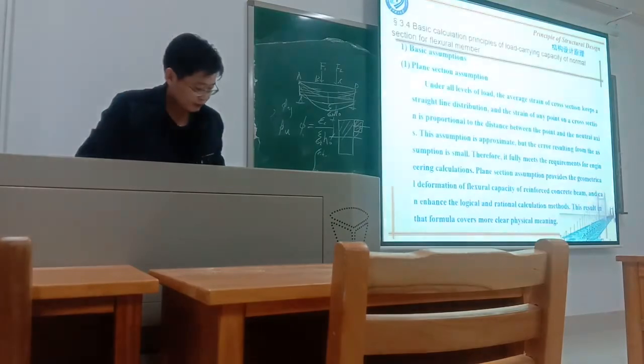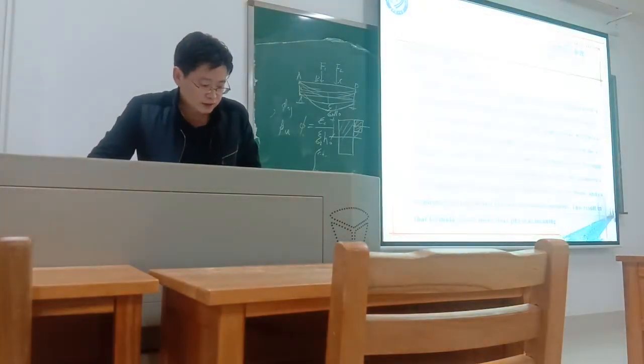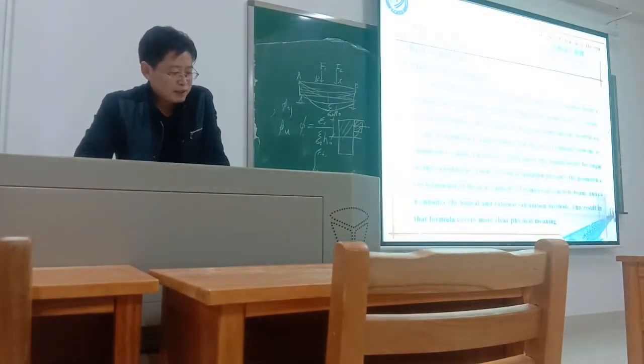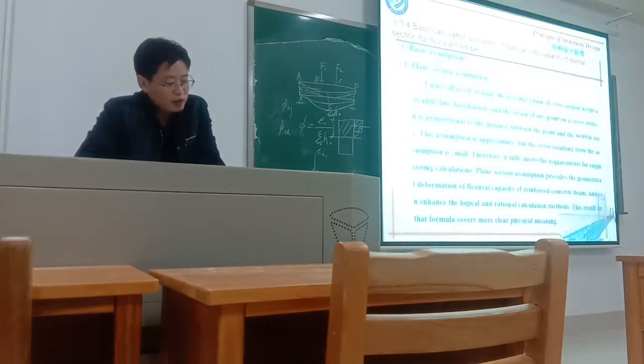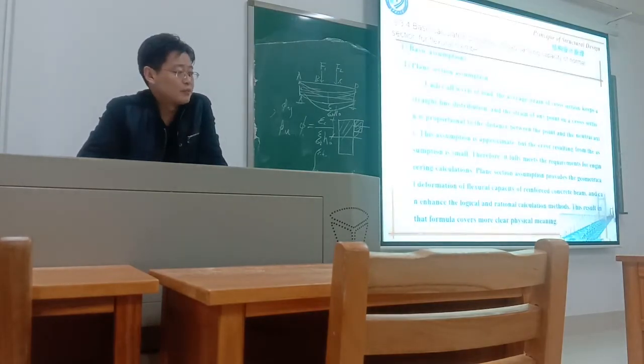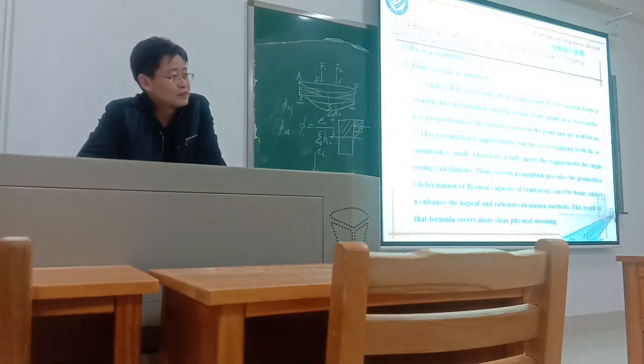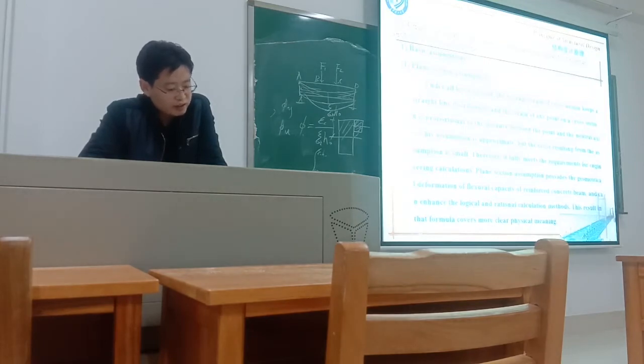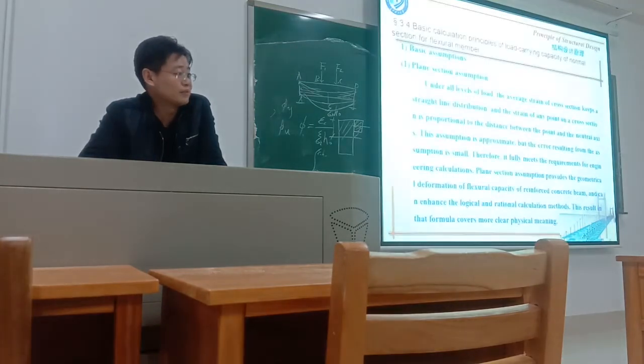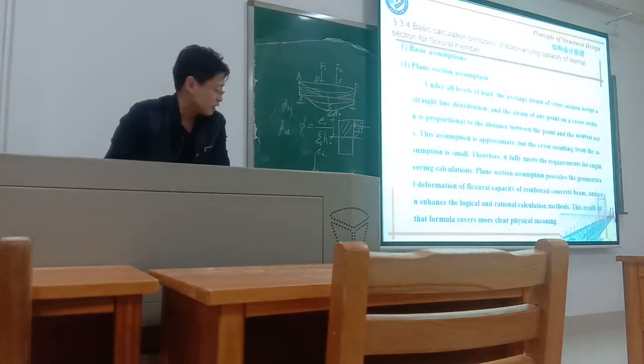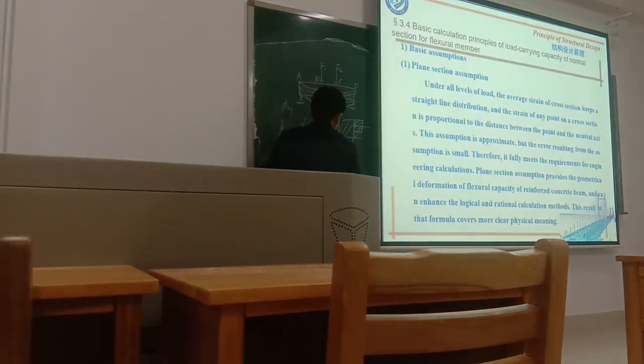So we see the first assumption, the plane section assumption. Actually, we have used the plane section assumption before. At all levels of load, the average strain of the cross section keeps a straight line distribution. So in this direction, the strain is a straight line.